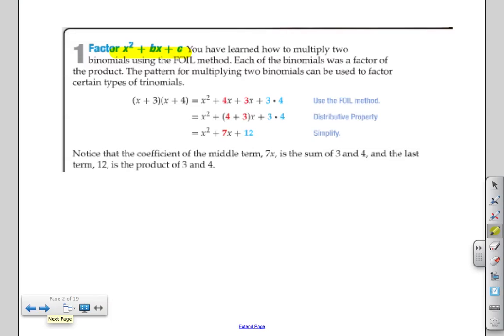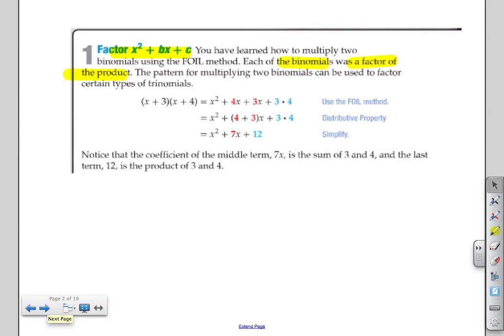You'll remember that the binomials that we used before were factors of the product. Keep that in mind. We're going to look at the pattern of those two binomials to help us learn how to factor certain types of trinomials.